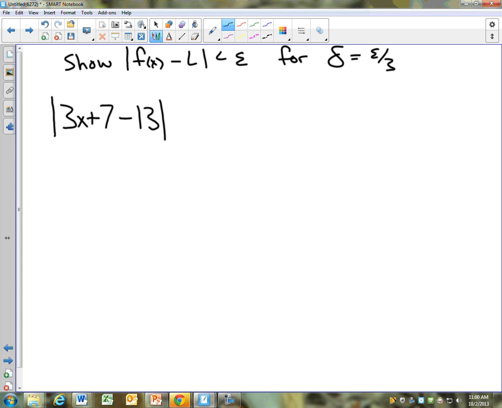Now, would you guys all agree that what I want to show is that the function minus the limit is less than epsilon. That's what I want to show. I really want to do that. Okay? So, right now, I have the function minus the limit. I'm not going to put this less than sign in yet. I've only done the blue part. Everybody see, I just have the blue part, right? Isn't this expression equivalent to this?